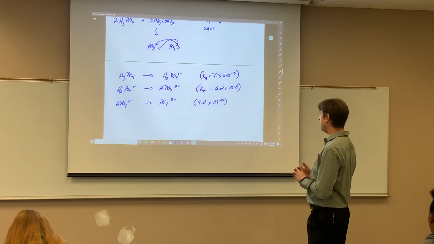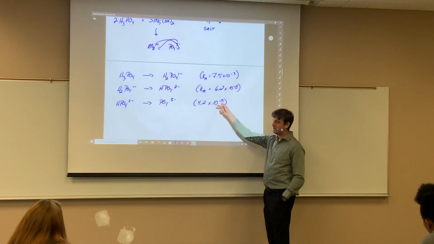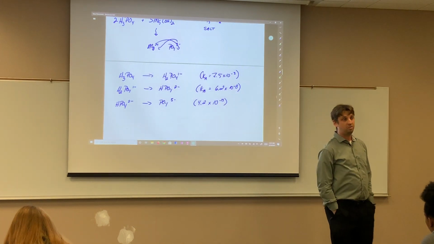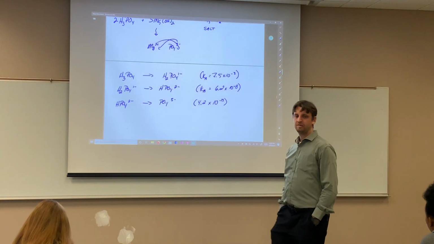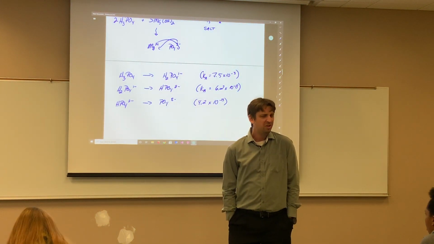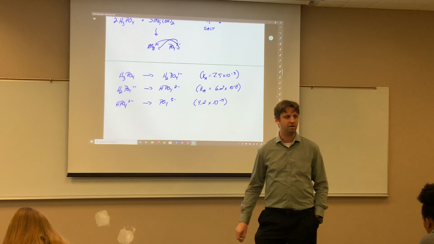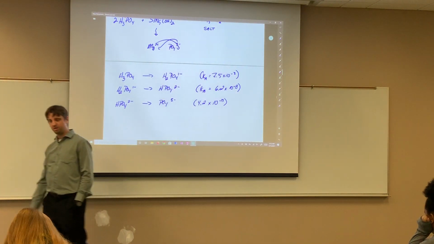What else do these Ks tell us? Well, 10 to the -3, -8, -13. What does this tell us about the dissociation at each of these steps? It gets harder and harder. Does that make sense? What did I kind of leave off of this side of the equation over there?